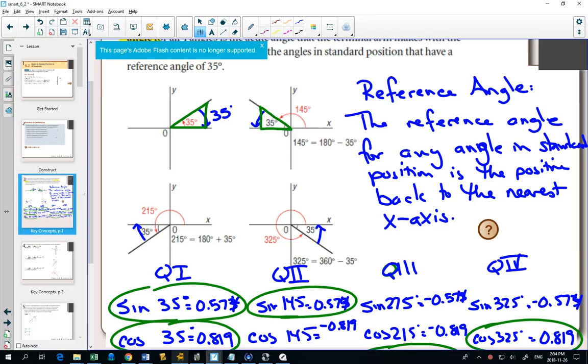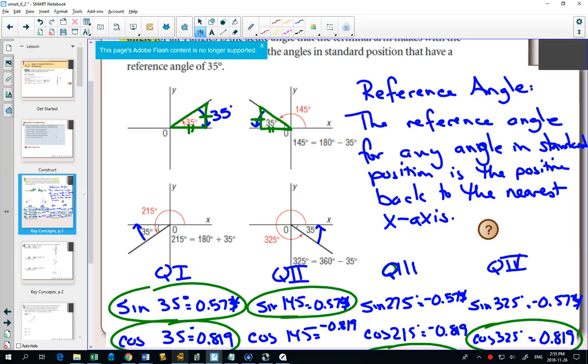And because those triangles are the same, the opposite sides, this side was opposite here, this side is opposite there, they're the same length. These sides that are the adjacent, I could make the same length, and my hypotenuse would be the same length. And for that reason, sine, cos, and tan of 145 degrees are very similar to sine, cos, and tan of 35 degrees.